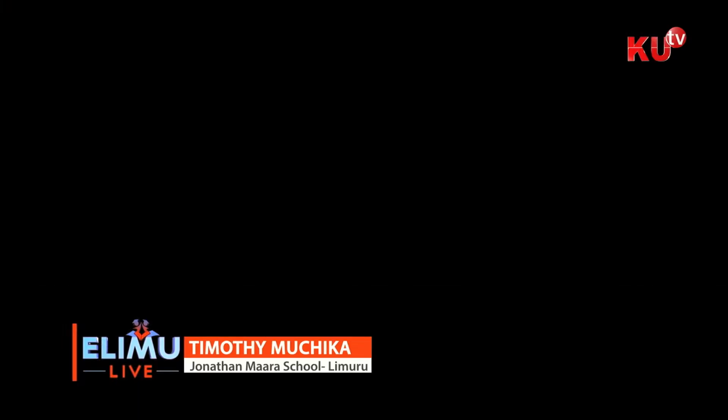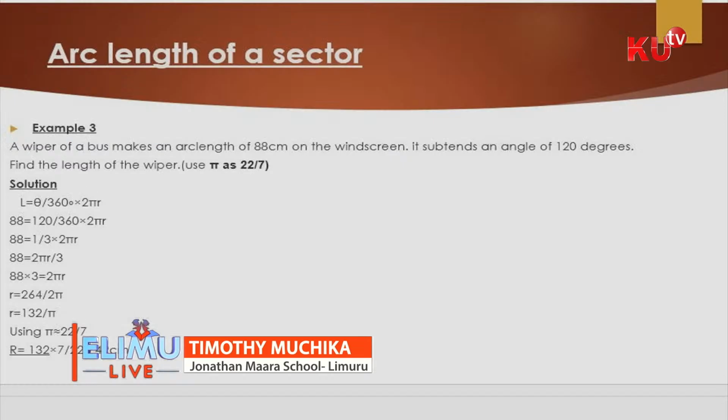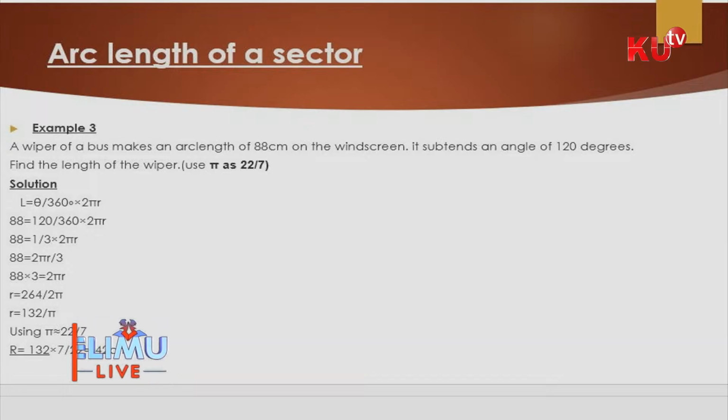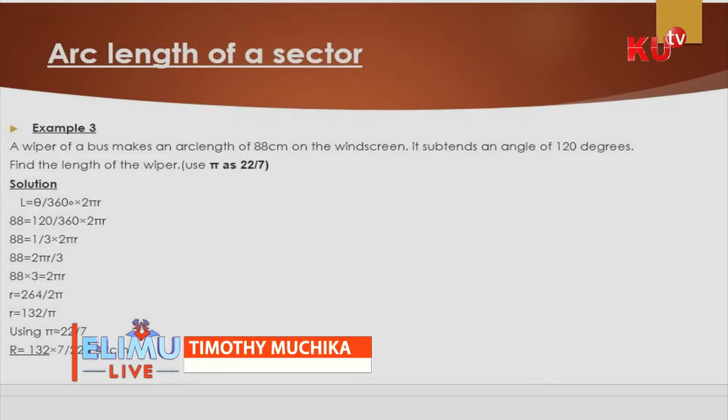So let's do another example, the last example under that bit, so that we can see how these examiners can also test you without giving either the angle or the radius, but you've been given the arc length.